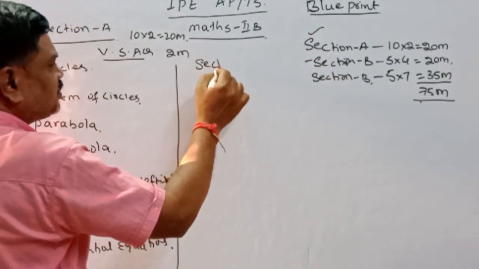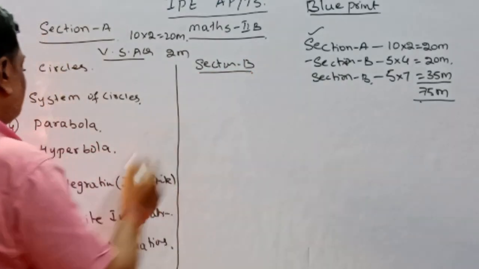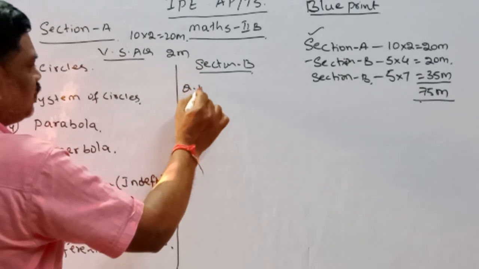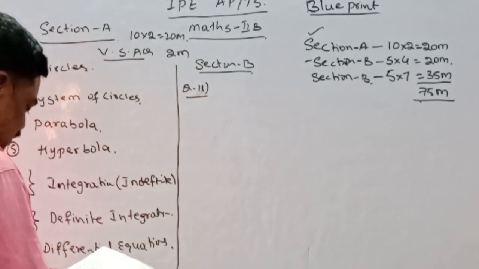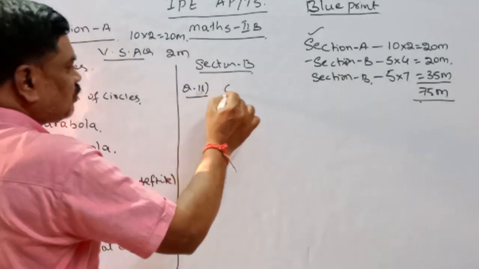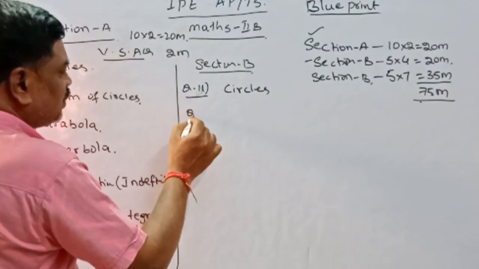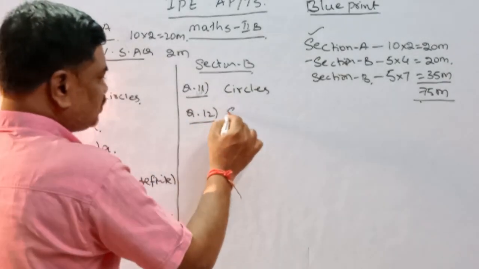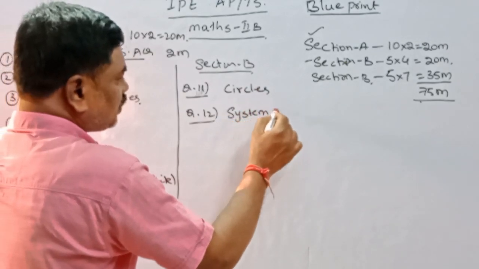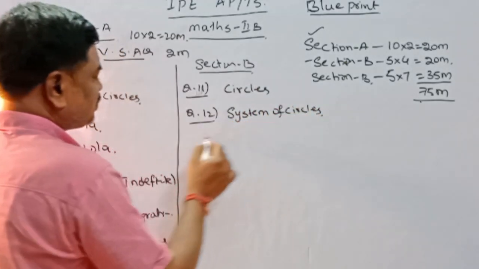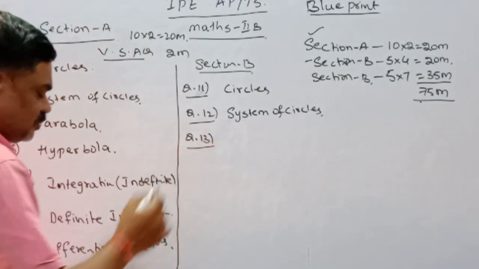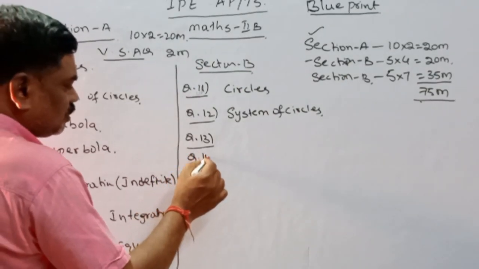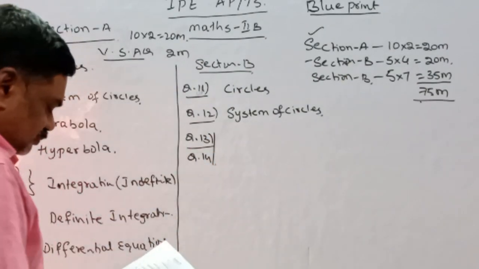This is section B. Question number 11 is from circles. Question number 12 is from system of circles. Question numbers 13 and 14 are from ellipse.